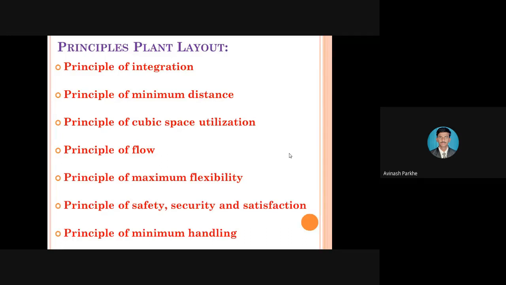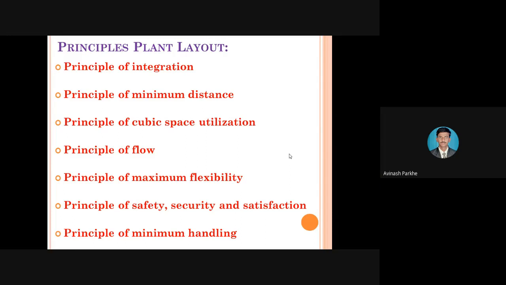If we do not consider all the principles while designing, your production cost will increase, your production time will increase, maybe your inputs increase, but your output is very less. That automatically affects the efficiency and the productivity of your industry. Therefore, the design of the plant layout and its implementation in the industry is very important.